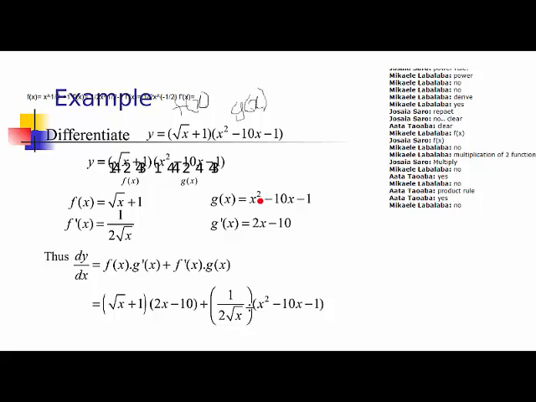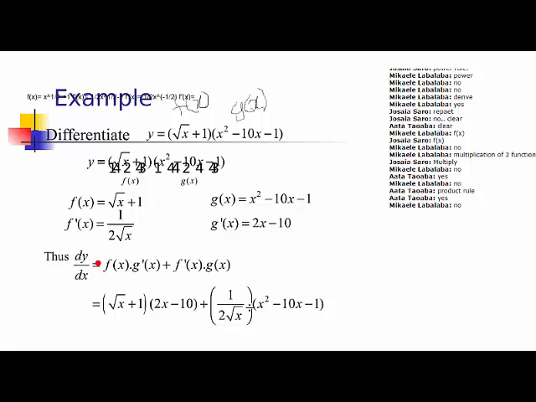Now g(x) is equal to x squared minus 10x minus 1. Right? Now if I have to differentiate that, I will get 2x minus 10. Now I know f dash of x, g dash of x, f(x) and g(x). I know everything that needs to be there for the formula. So I'm ready to substitute into the formula.